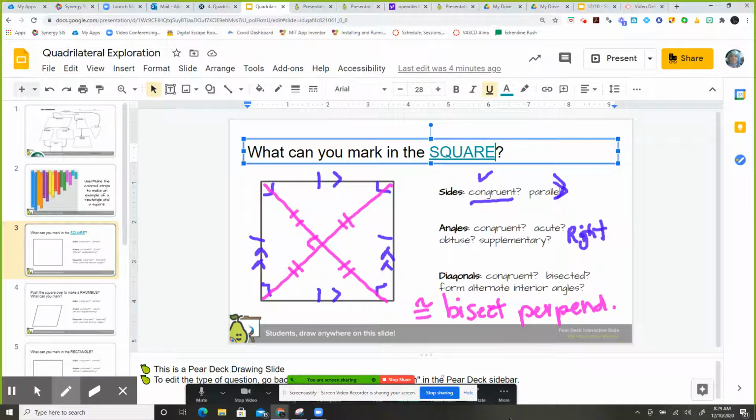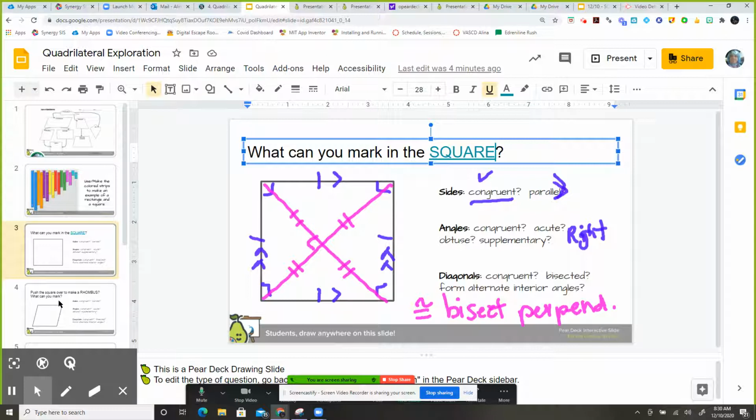And again, you don't have to make them, but I think it's good to make them if you have the things. I'm ready. You ready? All right, so let's go look at the rhombus.